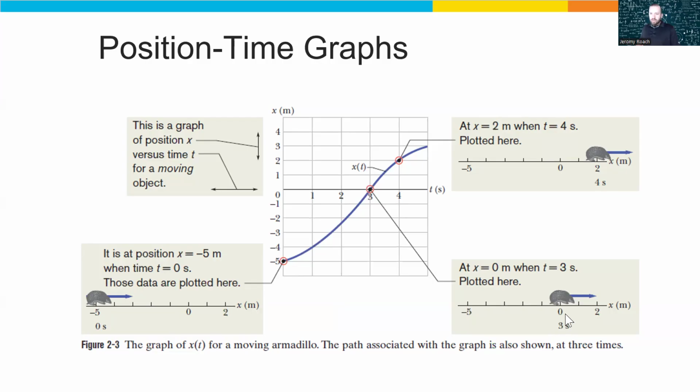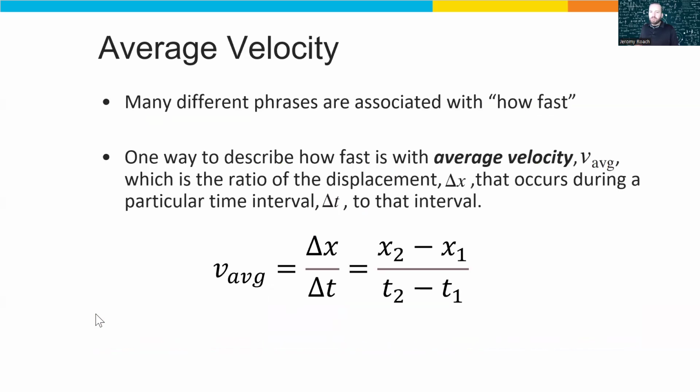So we could put 0 on the number line, and that's where it would be. After 4 seconds, it's at 2 meters of displacement. Our displacement is in meters. We can see that here from the y-axis. And displacement can be negative, so the armadillo is at -5 there as well.